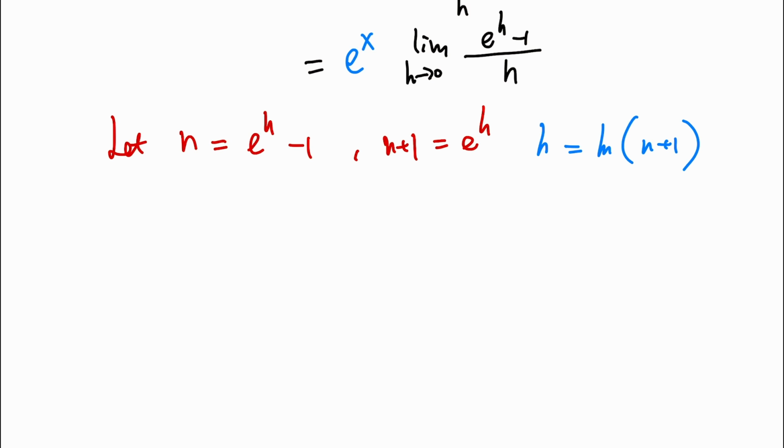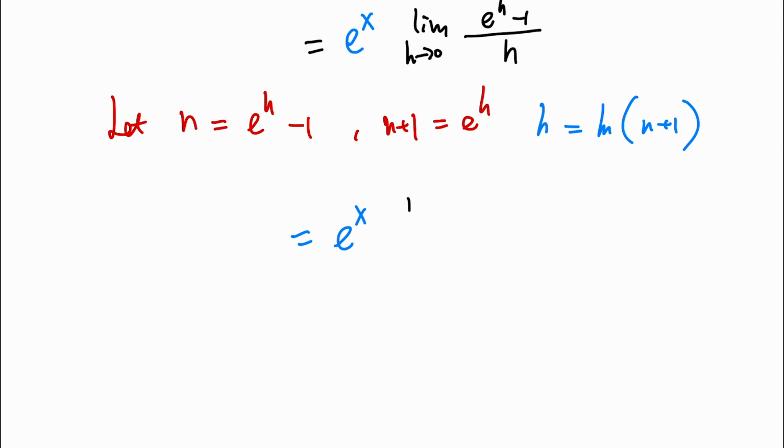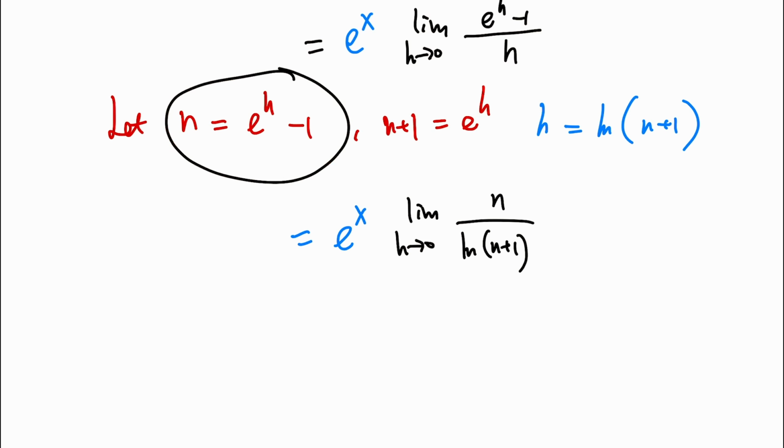If you wonder what ln is, it's just log with base of e. So that's cleared out. And we can rewrite this expression as e to the x times the limit as h approaches 0 of n over ln of (n + 1). That's what we use this and this to substitute.